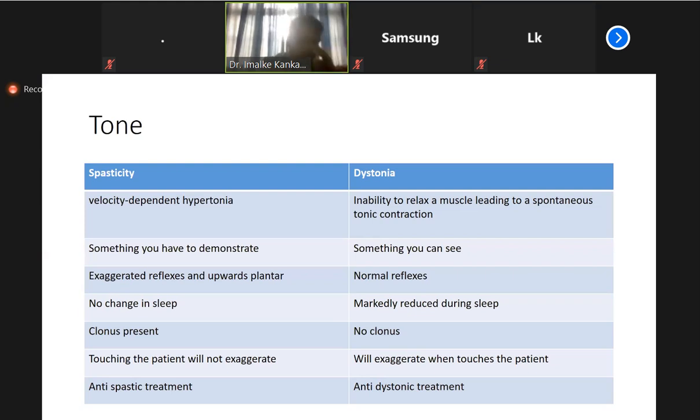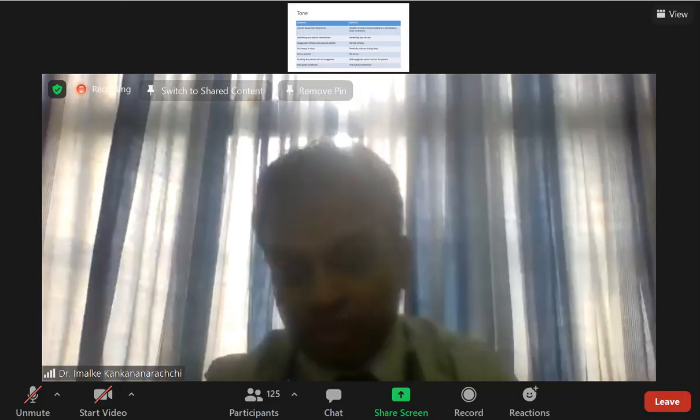Spasticity is something you have to demonstrate. Until you demonstrate it, you will not be able to tell the child is hypertonic. But dystonia is something you can observe, right? If the child is like this, the child is dystonic.